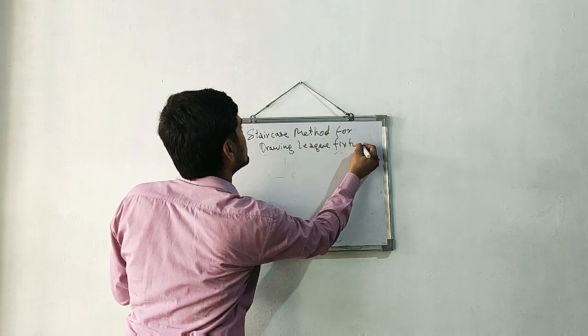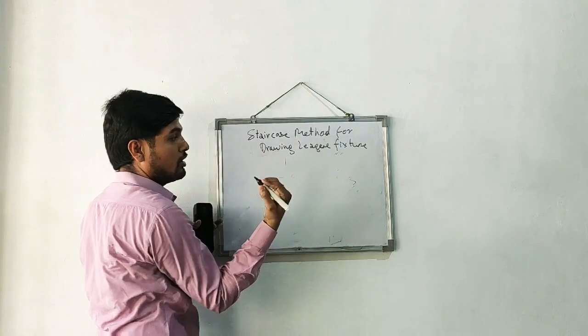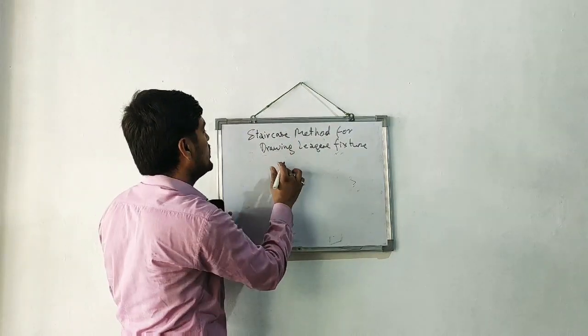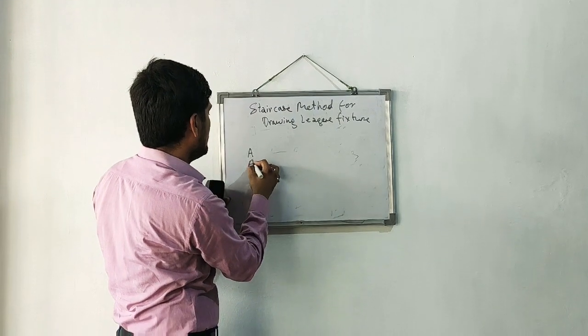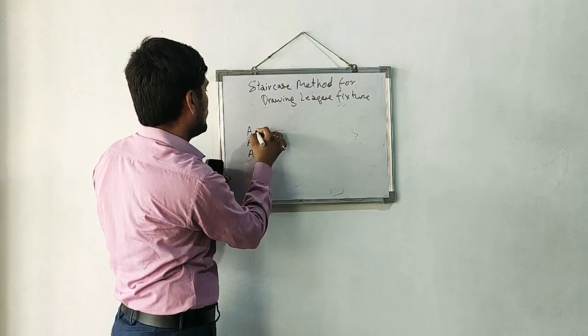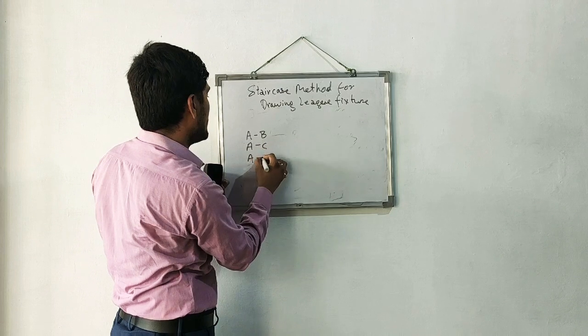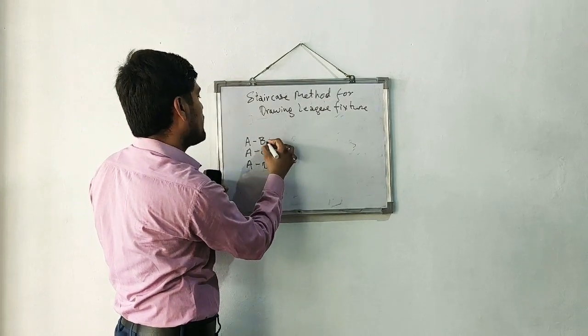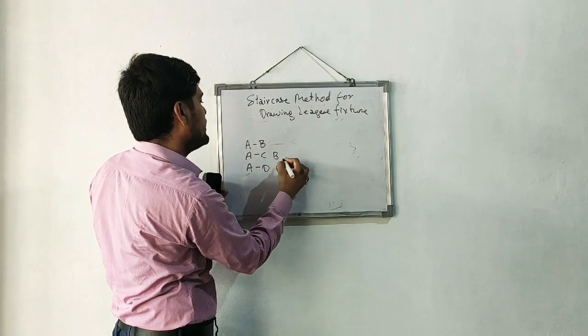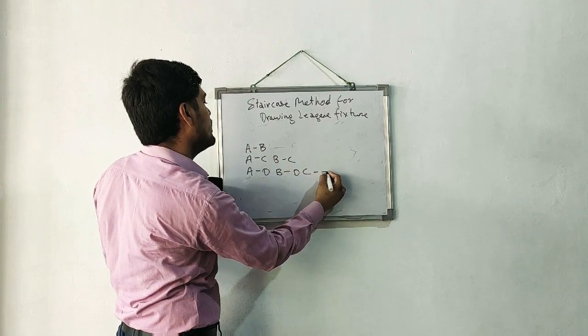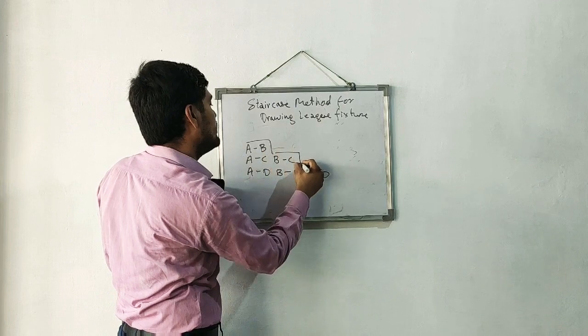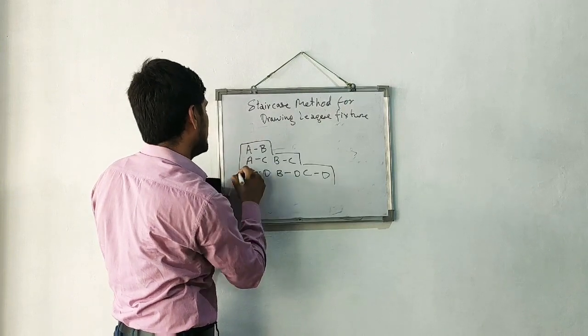I will write this in my exam, so you all take care of these things, okay students? So A will play with B, C and D. Then B will play with C and D. Now C will play with D. So this much easy it is.